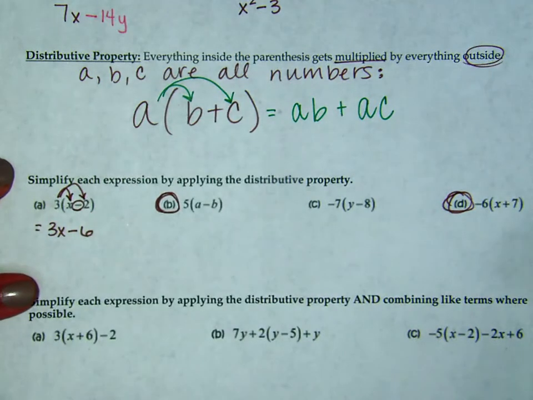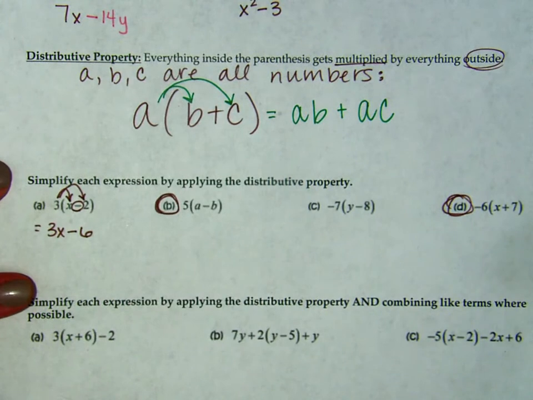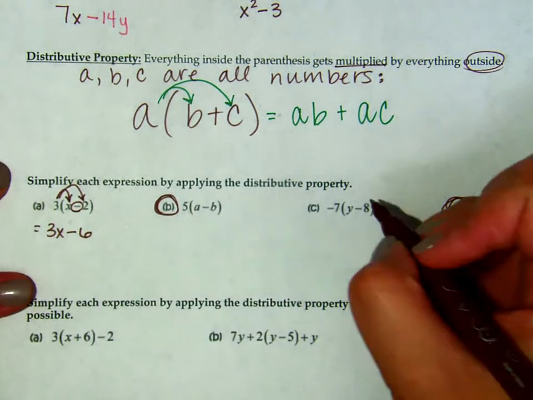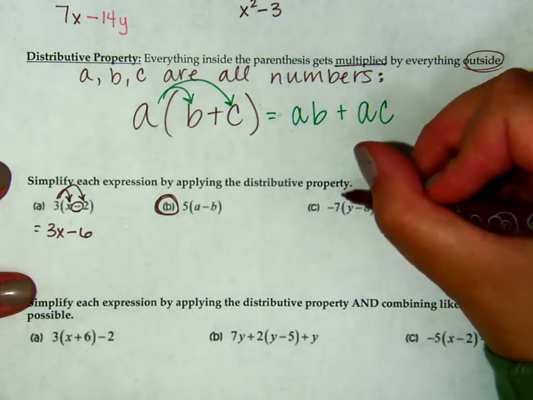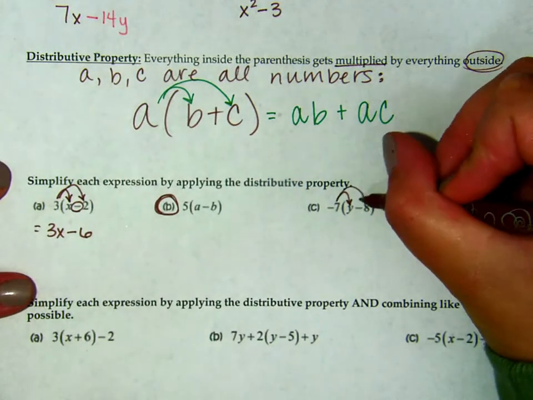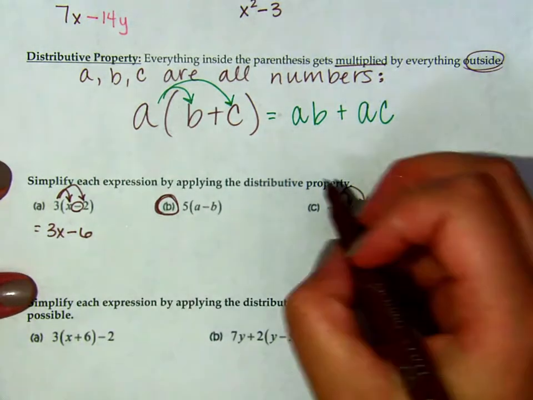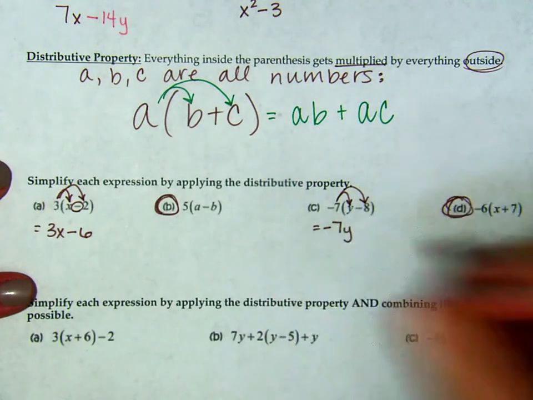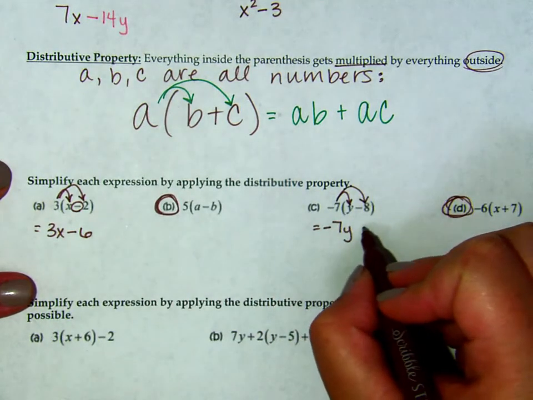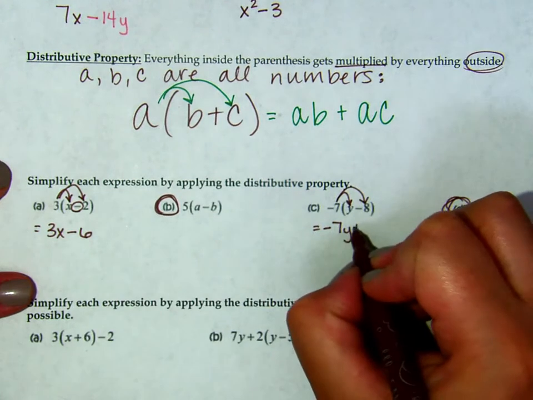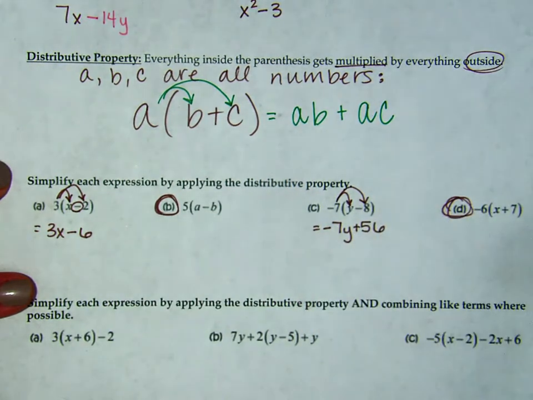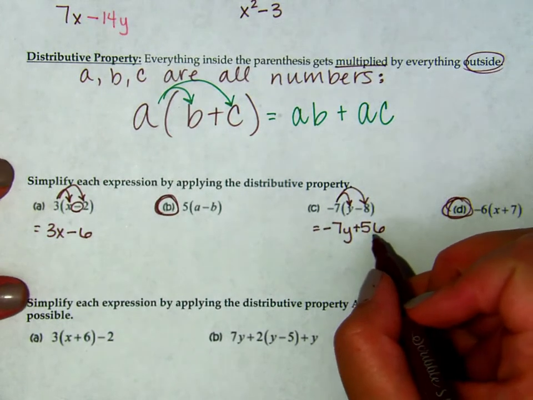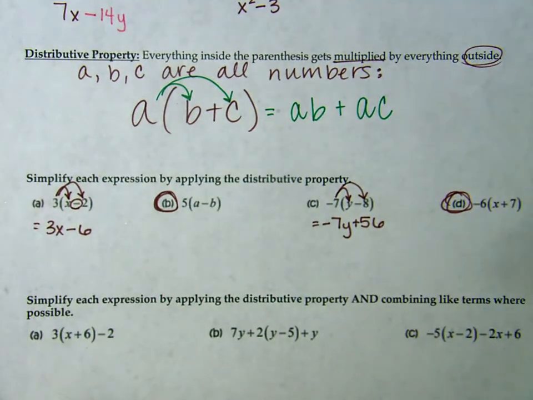Final answer, I can't simplify any farther than that. Example C, I'm going to take this negative 7 and distribute that to everything on the inside. Negative 7 times y is negative 7y, and negative 7 times a negative 8 is a positive 56. Again, that's as far as I can go, so I'm going to leave it like that.